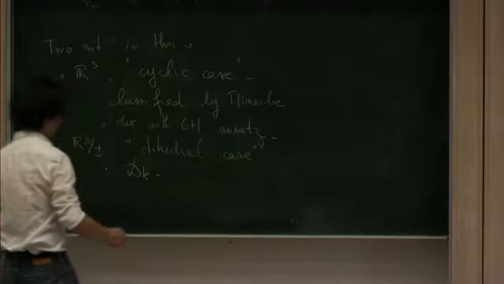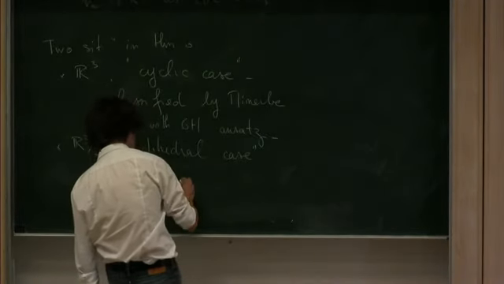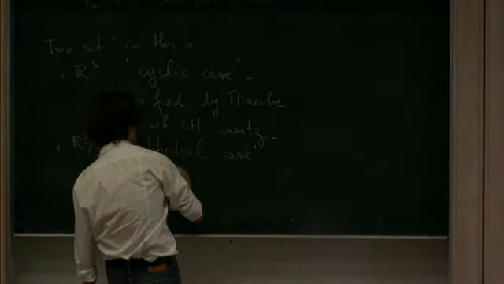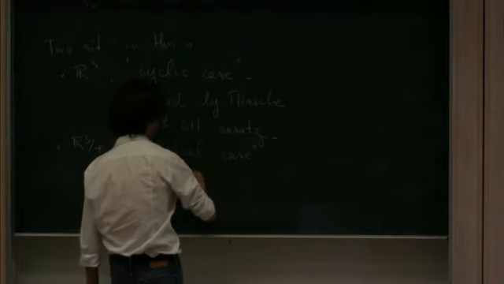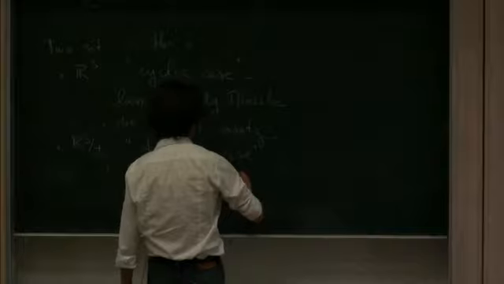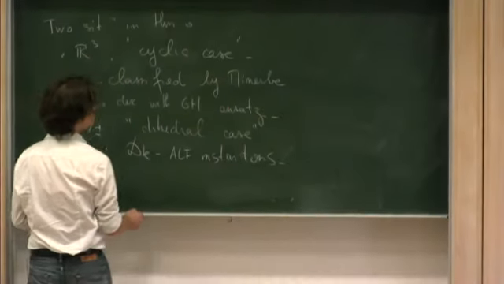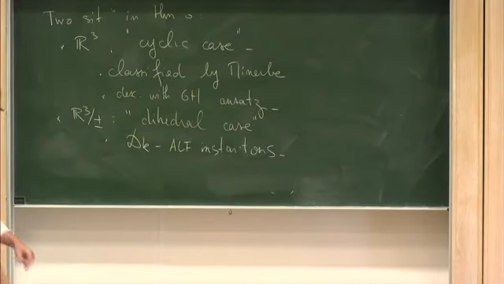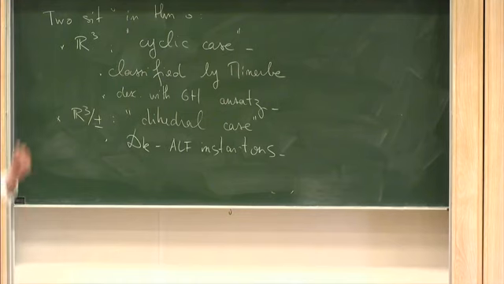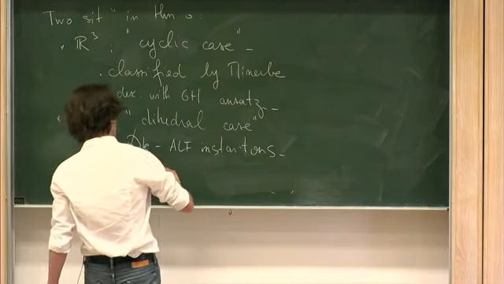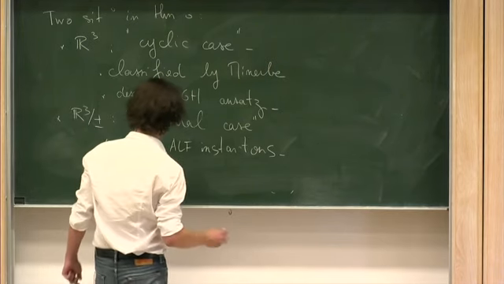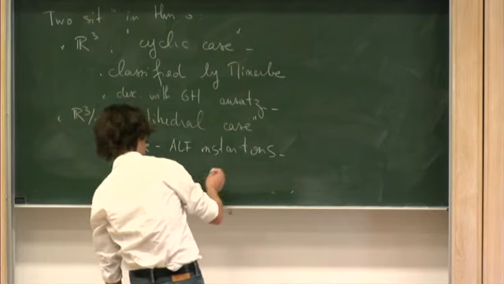Which is the family of the D_k ALF instantons. So such a family has been produced by Sergey Cherkis and Anton Kapustin by moduli space methods.